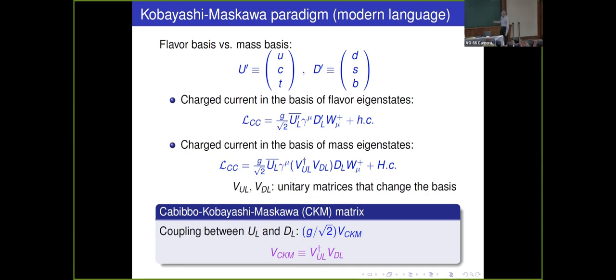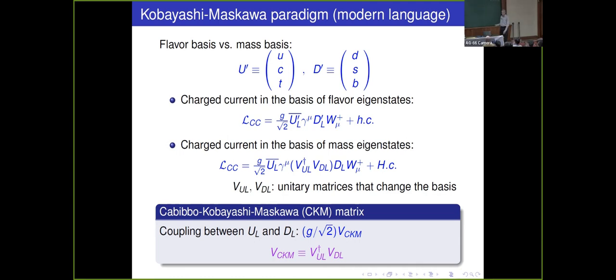So this new Lagrangian now has a mass eigenstate UL bar, mass eigenstate D, but now these 2 matrices, which are unitary, get multiplied together to give you another matrix, which is also unitary, because if you multiply unitary by unitary, you get a unitary matrix. And this matrix is what we call the CKM matrix.